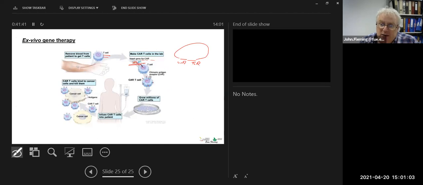We put this in, and the T cell expresses this new chimeric receptor. We grow up millions and millions of these T cells. They get infused back into the patient. And in this case, the CAR T cells recognize, bind to the cancer cells and destroy the cancer cells. So that's my last slide in terms of the presentation today.